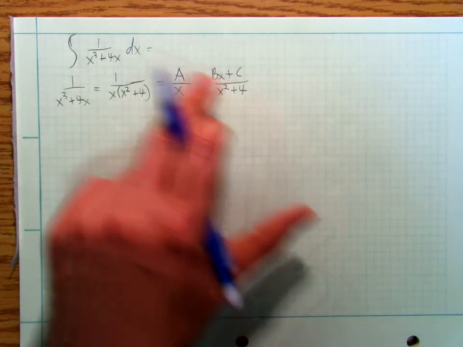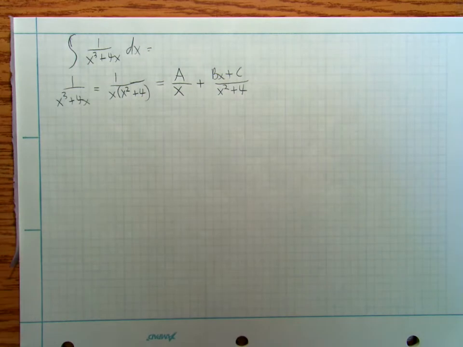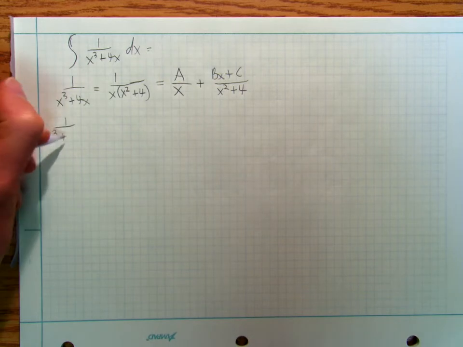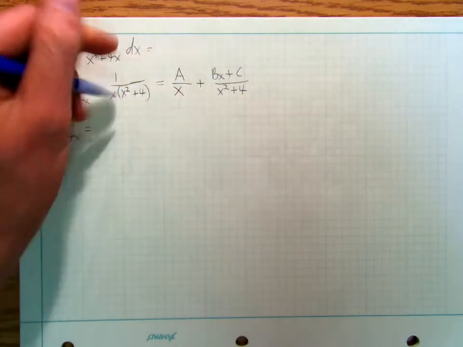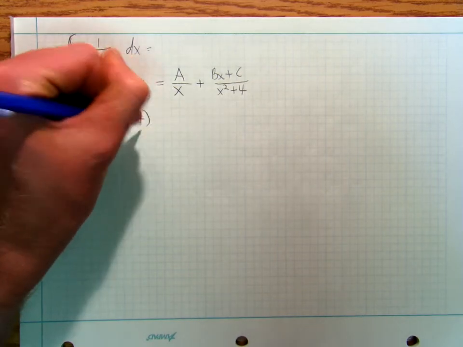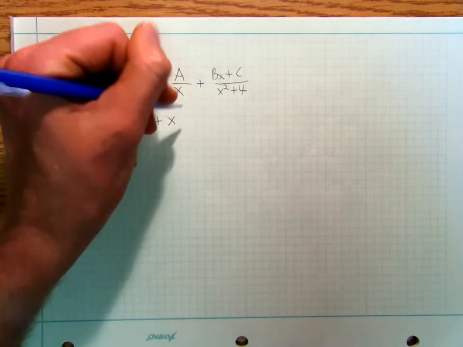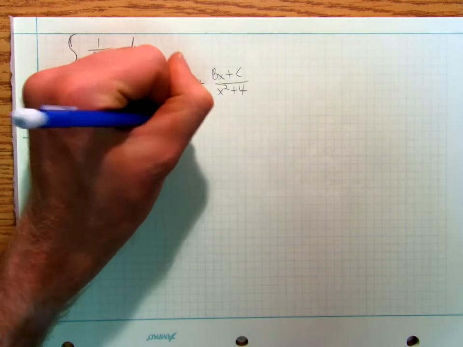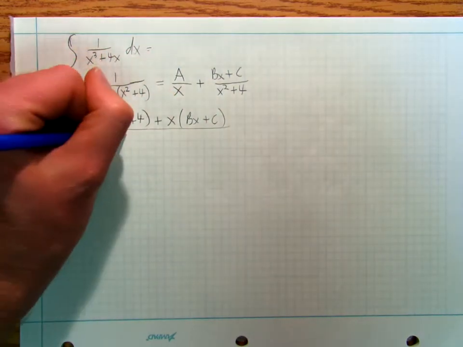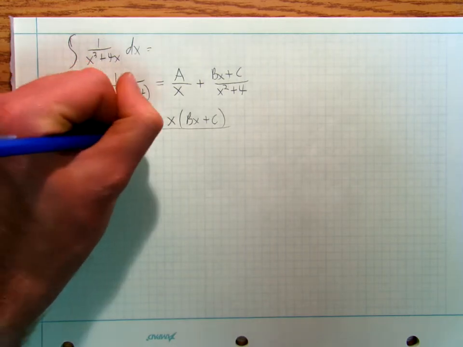Okay, so now doing our cross multiplication, we're going to end up with 1 over x cubed plus 4x is equal to a times x squared plus 4 plus x times bx plus c all over that x cubed plus 4x.